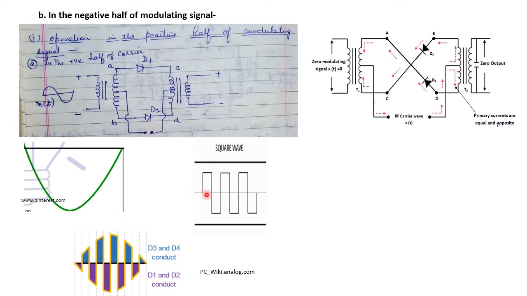Similarly, when the positive halves of the carrier wave are present, all the portions of the voltage present in the input will be inverted, and for the negative half, they will come to the positive direction.